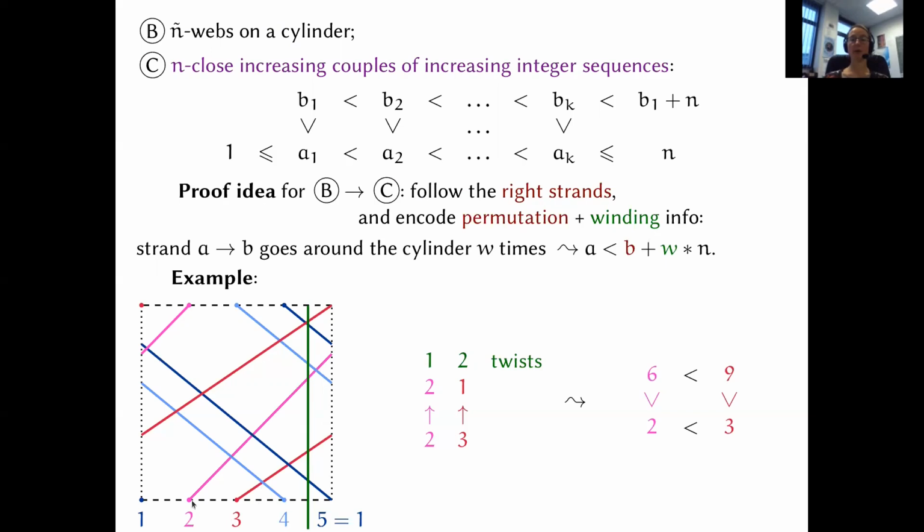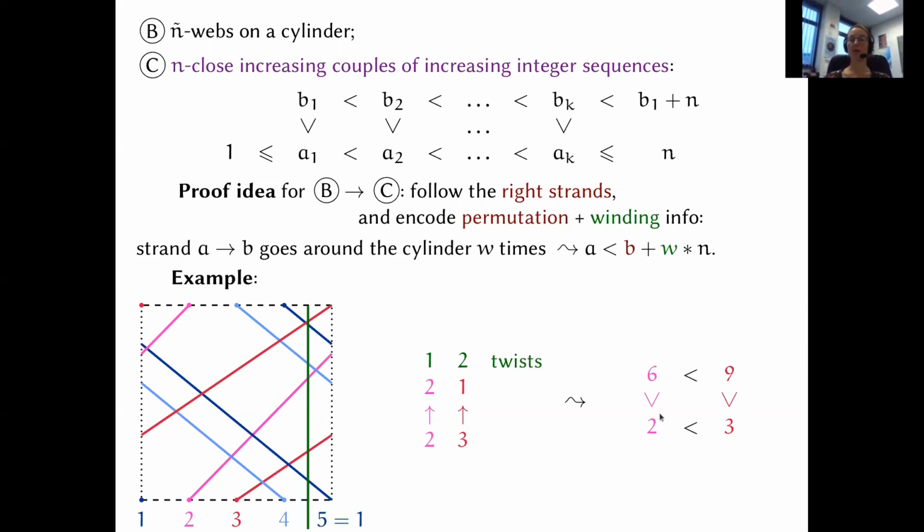The rose one goes from position 2 to position 2, the red one from position 3 to position 1. To count the twists, the easiest way is just to draw a straight line between 4 and 1, the green one here, and you just count the number of times you intersect this green line. It gives you the number of twists around the core of the cylinder. For the rose one, you have only one intersection. For the red one, you have two intersections.